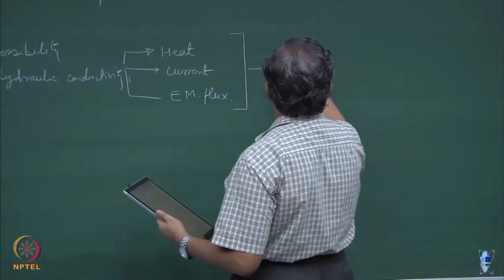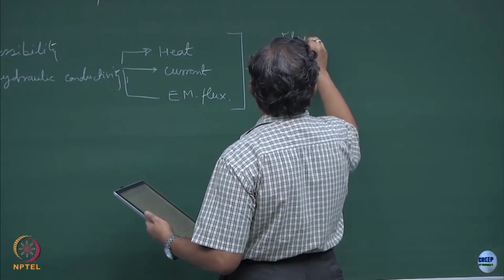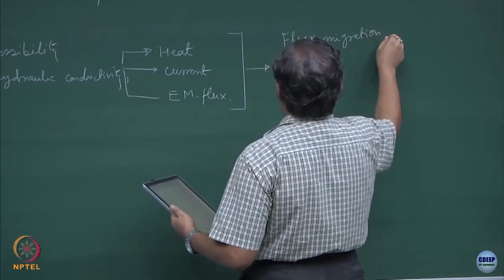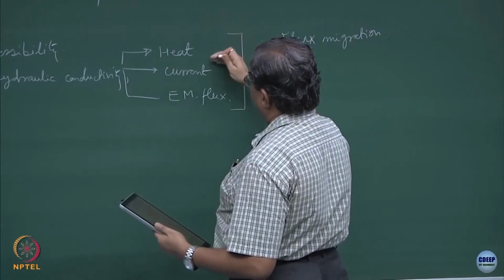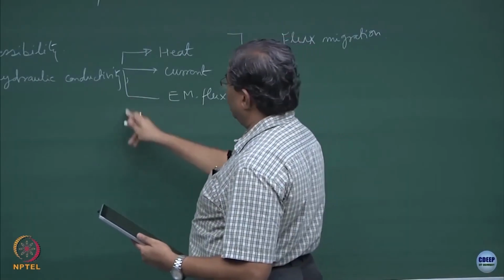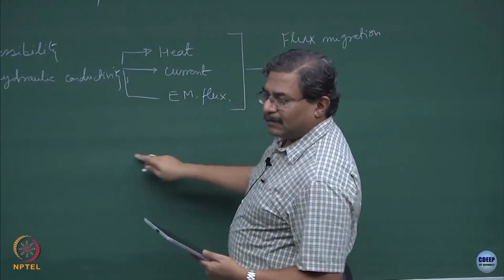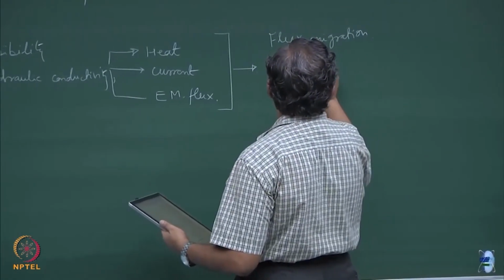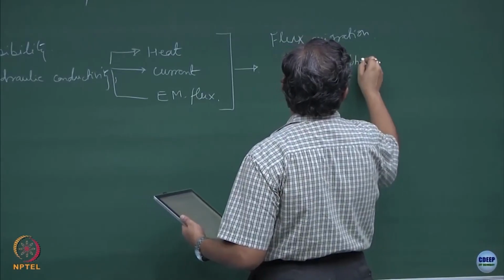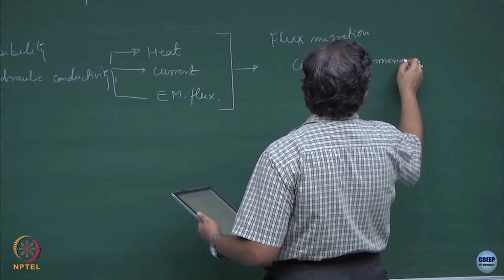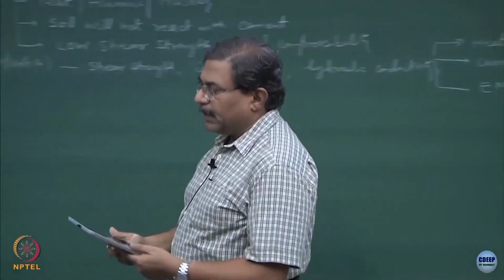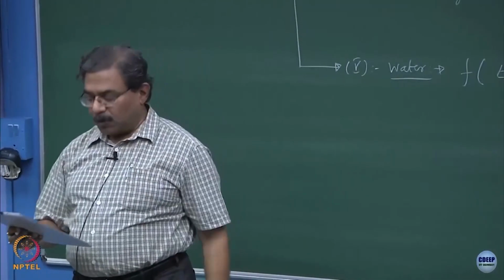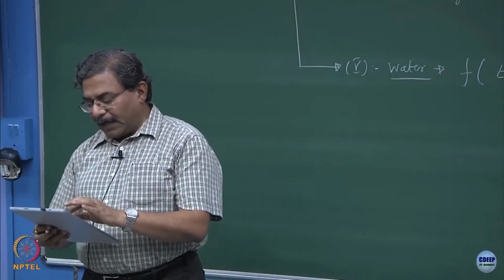We call this flux migration, and the flux could be thermal, electrical, electromagnetic, bacterial, or a combination of the two, and this forms the coupled phenomena. In the western world, a lot of people are working in these areas, they have a lot of funds and they want people like you to join their research groups. So, the situation is not so bad as you think.